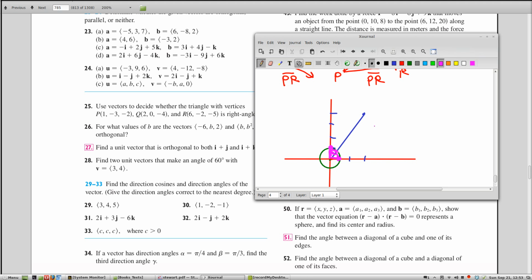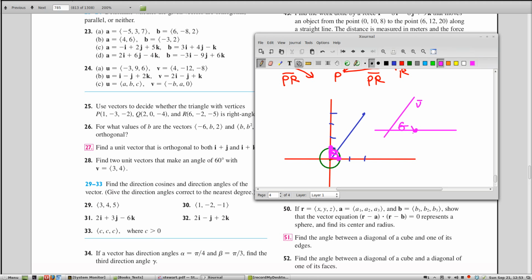I guess you could do it with trigonometry. What is the angle that V is making with the horizontal axis?